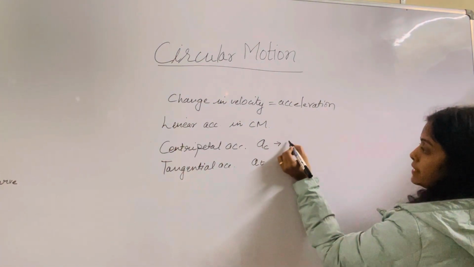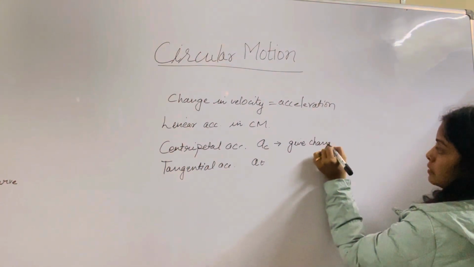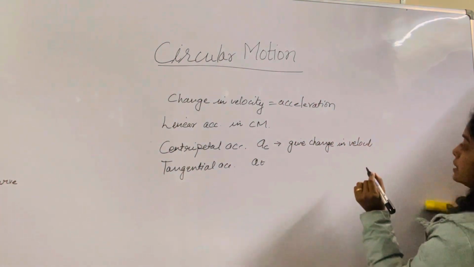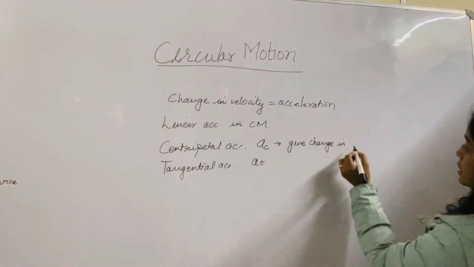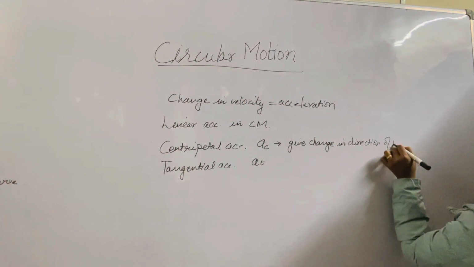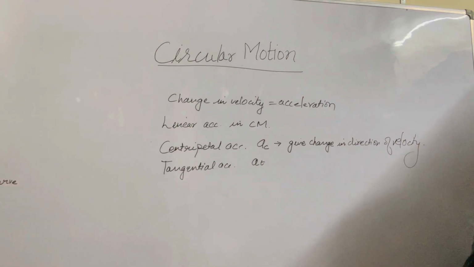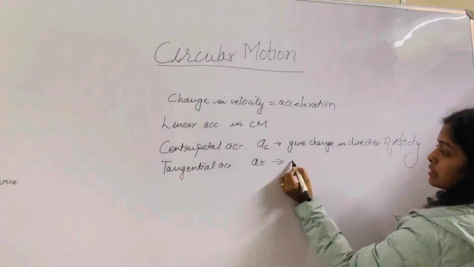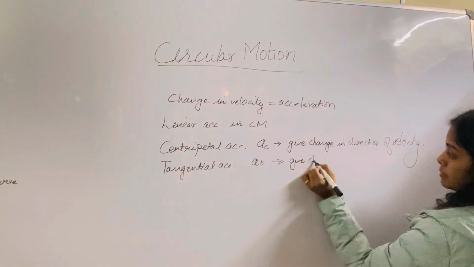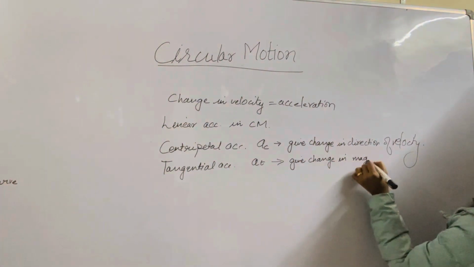So what is centripetal acceleration? It gives us the change in direction of velocity, while tangential acceleration comes when there is a change in the magnitude of velocity.